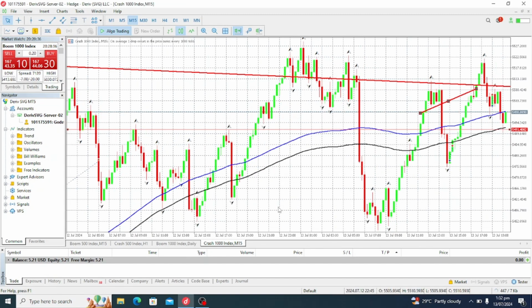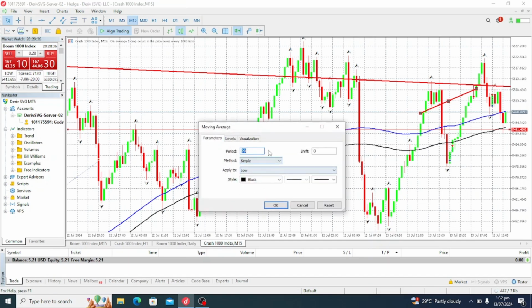It's the same thing for those people who are using the mobile phone. It's the same setting, as long as you know how to put indicators on your chart. Then the second one is simply the same thing but changed in some other way.